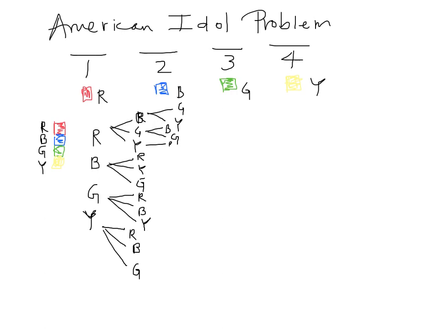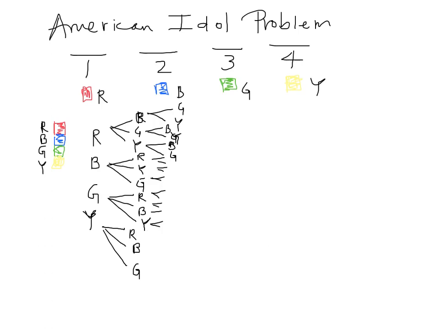And yellow would be blue and green. Okay, so you can kind of see you could do this. You'd have to keep figuring out from all of these how many there are. So you could actually draw this all out.